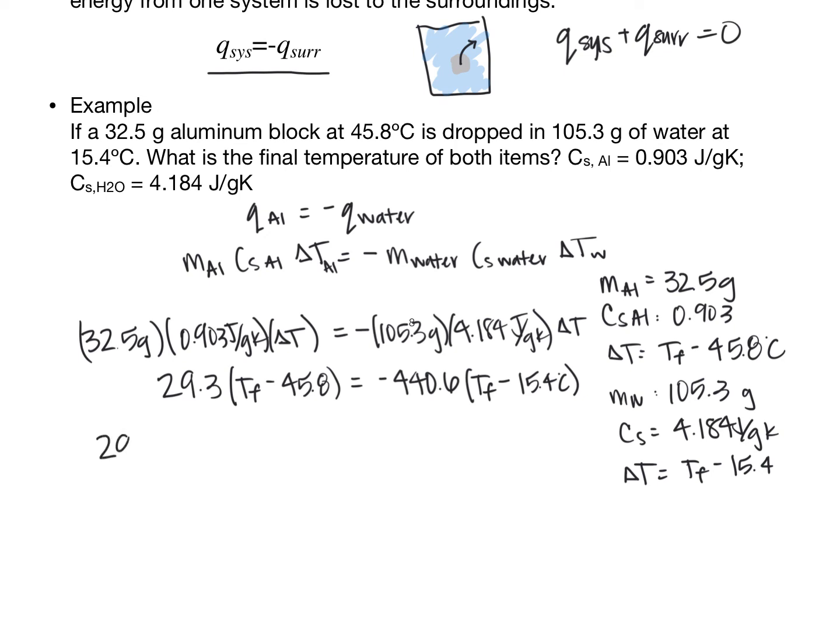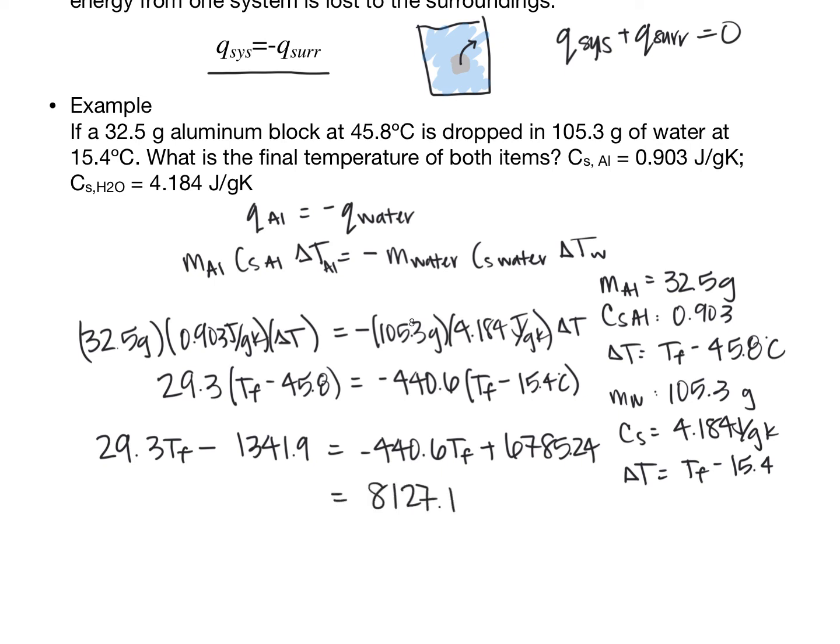So I get 29.3 TF minus 1,341.9, and that equals negative 440.6 TF plus 6,785.24. Now we're going to group like terms together. So we're going to get 8127.1 is equal to 469.9 times TF. So TF is going to be equal to 17.3 degrees Celsius.